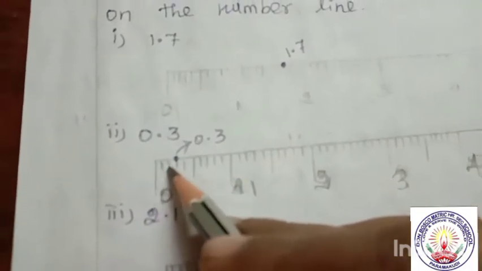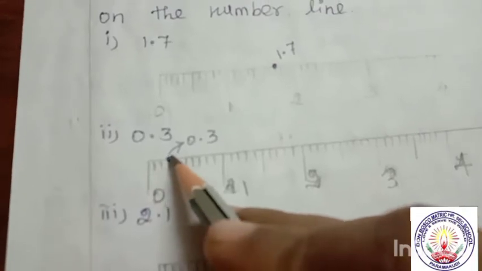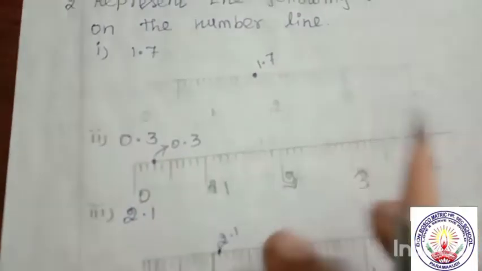Between means in the middle. 0.1, 0.2, 0.3. You put the point at 0.3.